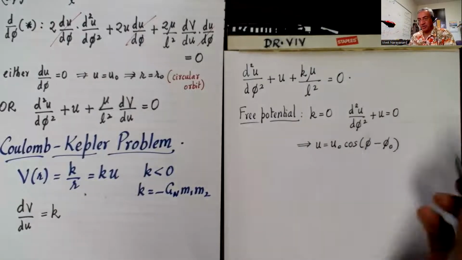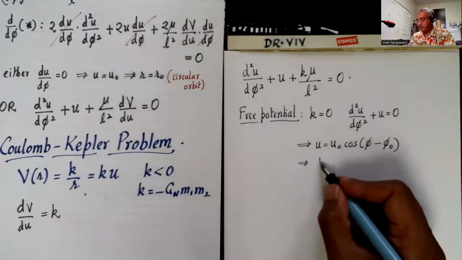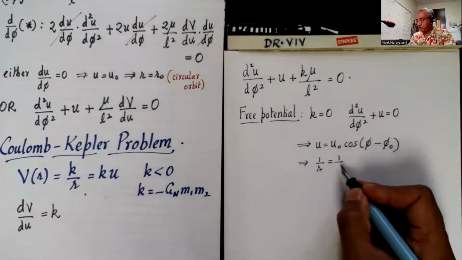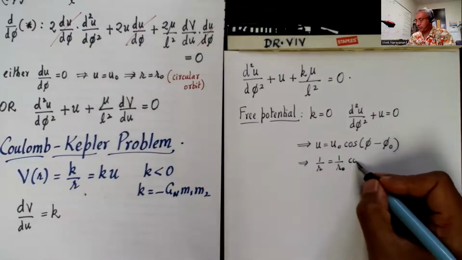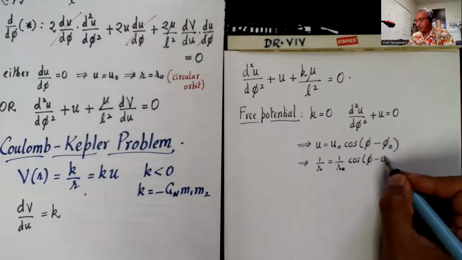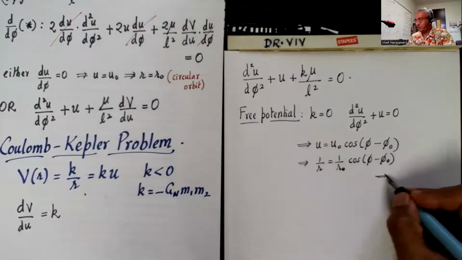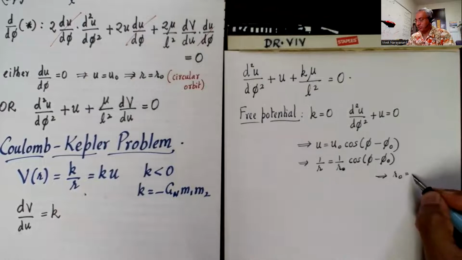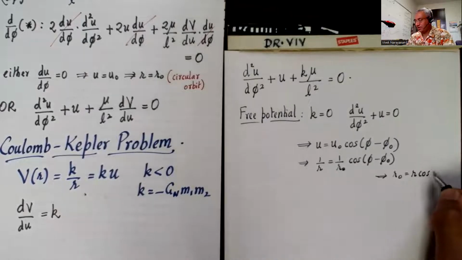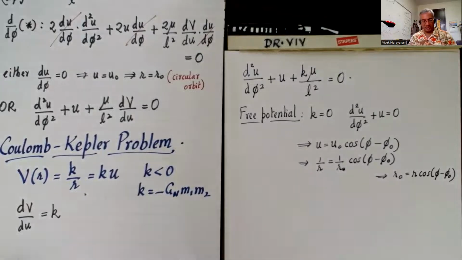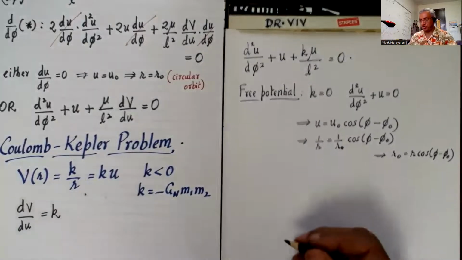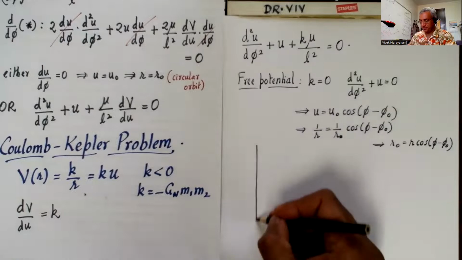Now, if you remember that u is 1 over r, this immediately tells you that 1 over r equals 1 over r naught cosine of phi minus phi naught, which can be written as r naught equals r cosine of phi minus phi naught. Let's try to interpret this result in the two-dimensional plane known as the polar coordinate plane.